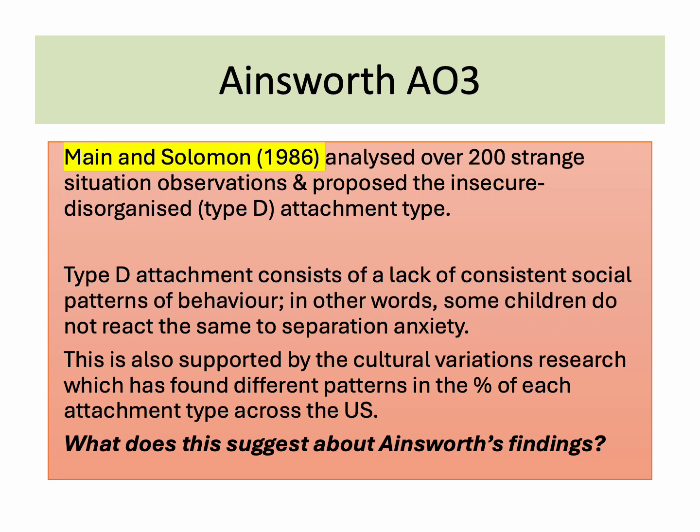Her findings are limited because there are other attachment types, for example type D, the disorganised attachment type, which consists of a lack of consistent social patterns. Ainsworth didn't consider that a child might not respond the same way all the time, and therefore might not react the same way to separation anxiety. So, a simplistic outlook and simplistic findings.